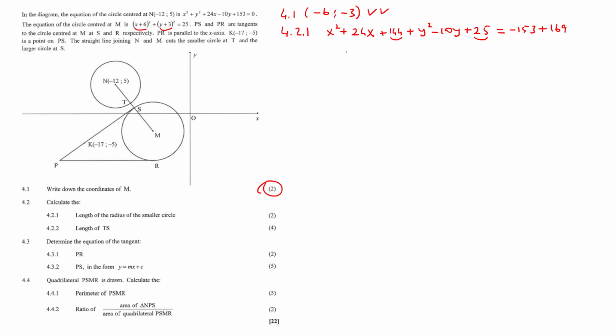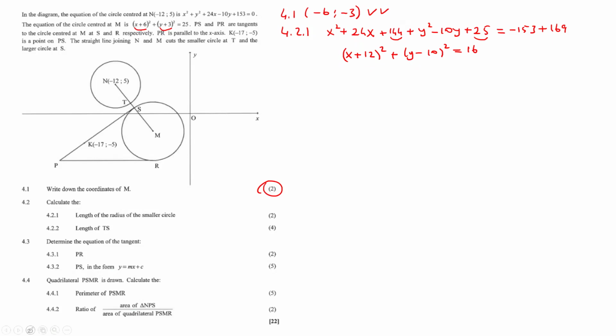So from this, (x plus 12) squared plus (y minus 10) squared is equal to 16. Right, you can see the coordinates of negative 12 and 10.